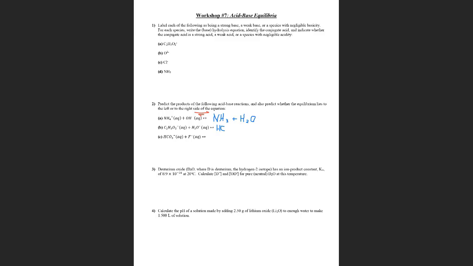Hydronium has an acid dissociation constant, Ka, of about 1, whereas HC2H3O2 has a Ka of roughly 10 to the negative fifth. Very small. And since the acetic acid is on the product side, I'm going to assume that K favors products for B.